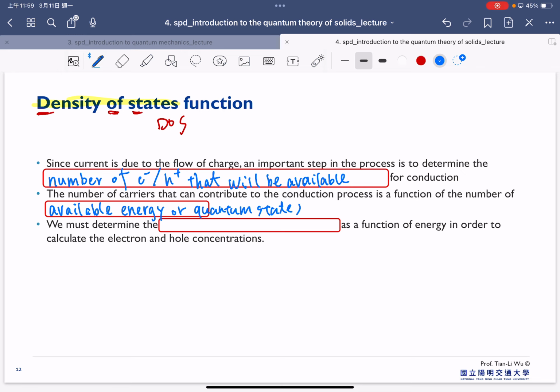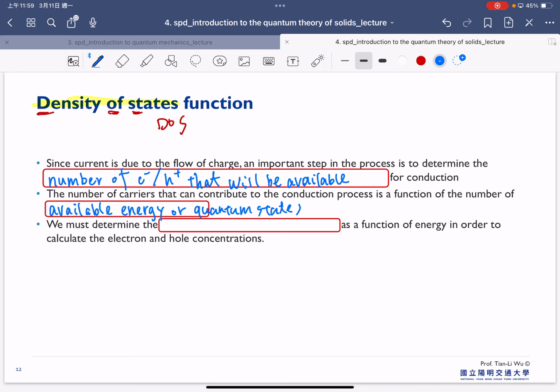So now you see that before we calculate current, we first have to understand how many carriers are available. From previous knowledge, you already know there should be electrons and holes, but first we have to determine the available energy or quantum states that allow these electrons and holes to be placed there.